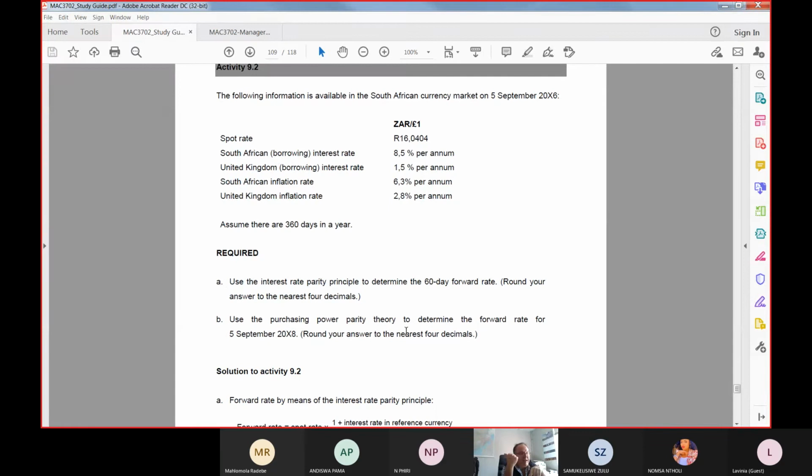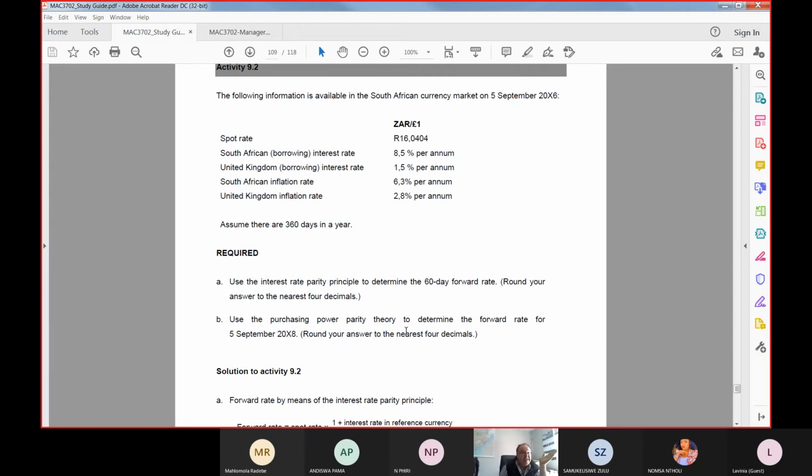Because they're buying from outside, they require a different rate. Why? Because the bank in South Africa is going to take their money, put it in the foreign country, and make interest for 60 days. It's going to change it today at 16.04, make interest for 60 days and then pay it to the supplier on that side.